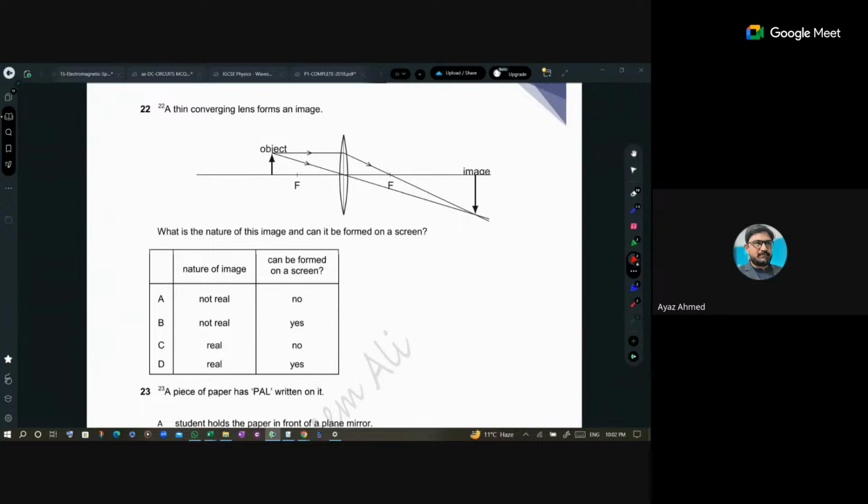This is an object, this is a lens, and that lens is placed in such a way that you are getting an image over here. So what is the nature of this image and what can be formed on the screen? Can it be formed on the screen? Is it real or virtual?